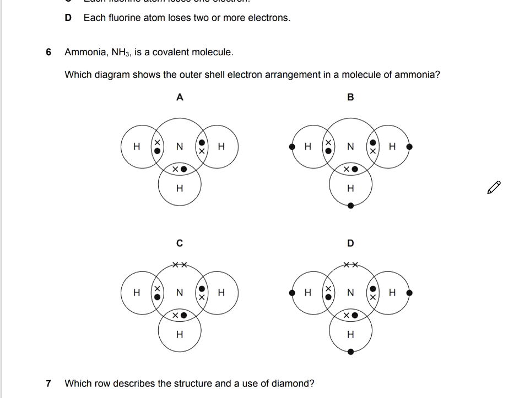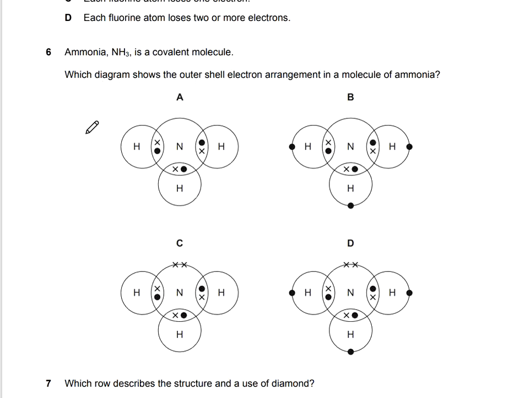Ammonia, NH3, is a covalent molecule. Which diagram shows the outer shell electron arrangement in a molecule of ammonia? Remember that nitrogen needs 3 electrons to become stable.